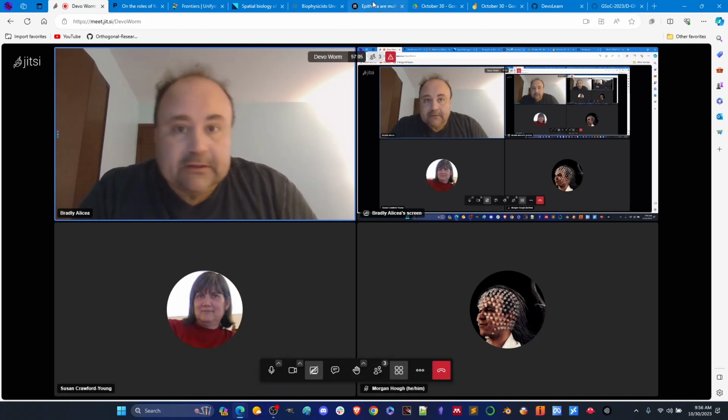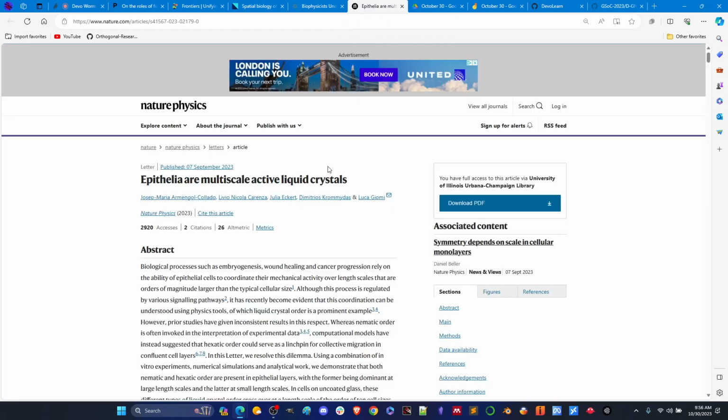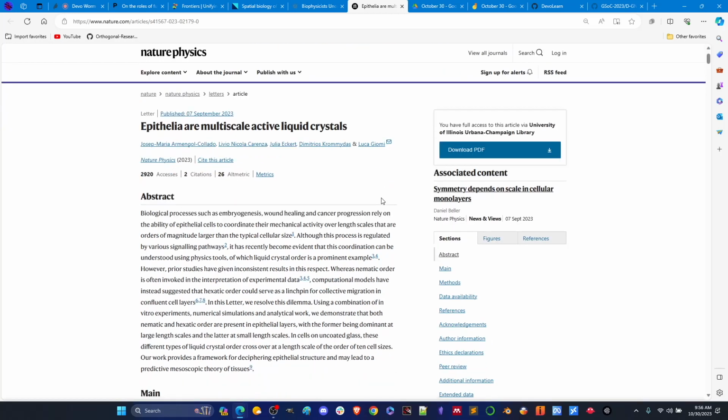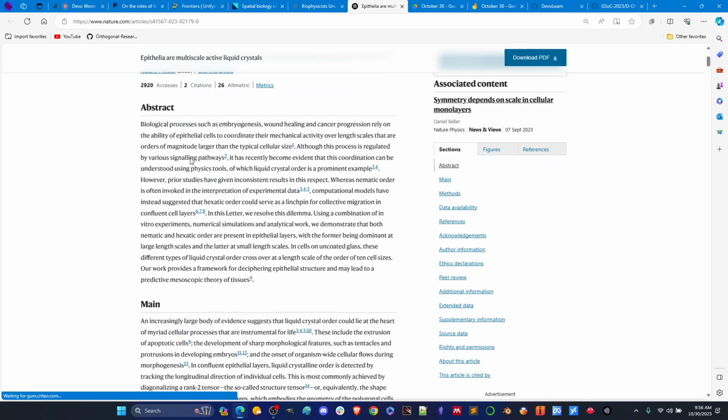Okay. Well, when I go to the paper, which is the main one, this is Nature Physics. So this is epithelial multi-scale active liquid crystals. The word multi-scale is interesting because you've been talking about active liquid crystals, but there's this multi-scale aspect as well. So this is where we're talking about embryogenesis, wound healing, and cancer progression.